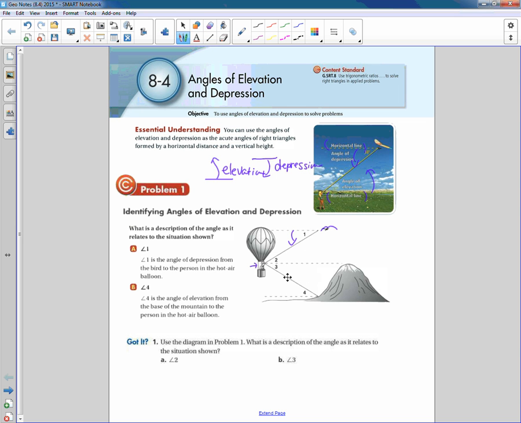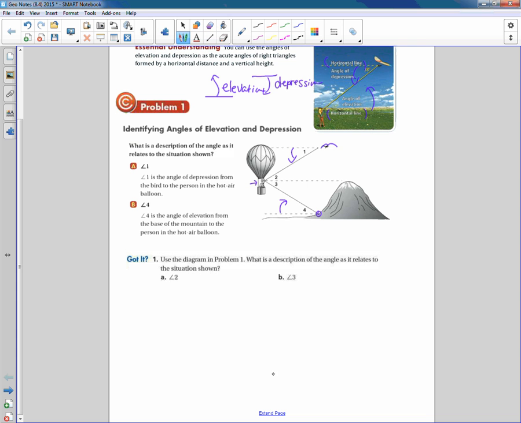Okay, and then for number 4, we'll say from the mountain to the person that's here, we're going from this horizontal line, which would be ground level, up to this angle where the person's eyesight is in the hot air balloon. And so in that particular case, that would be an angle of elevation. And if we look at the got it questions, they say, okay, well, what about 2 and 3?